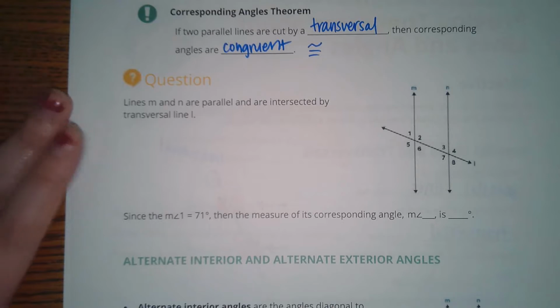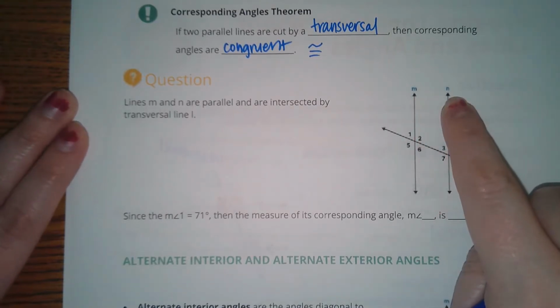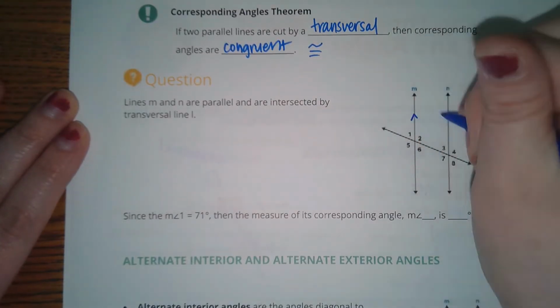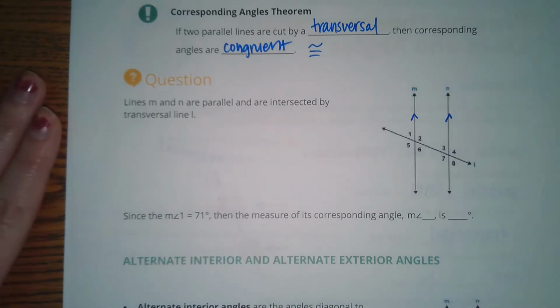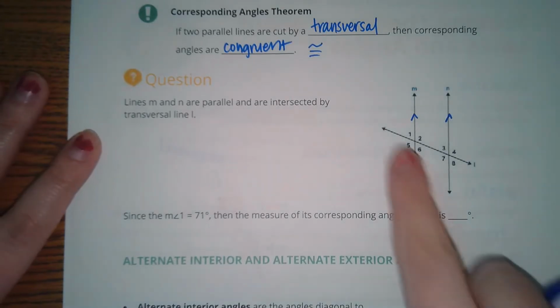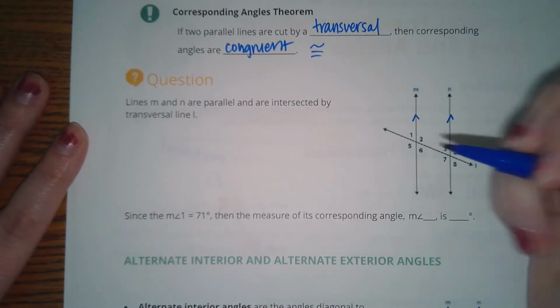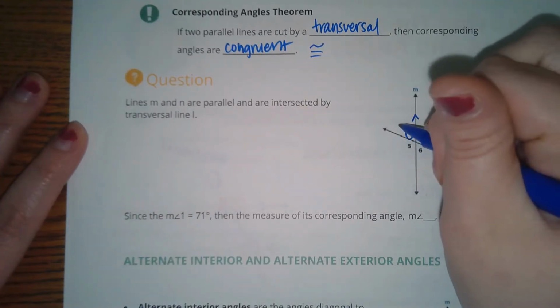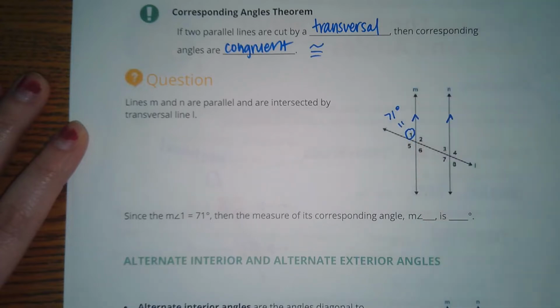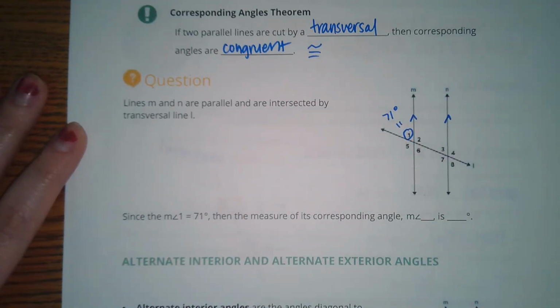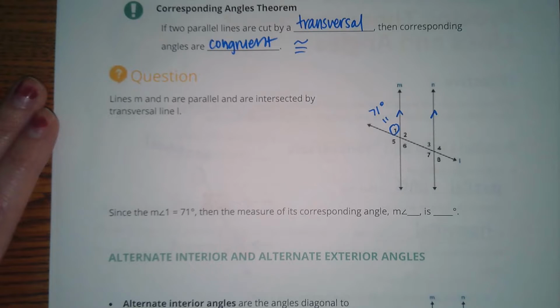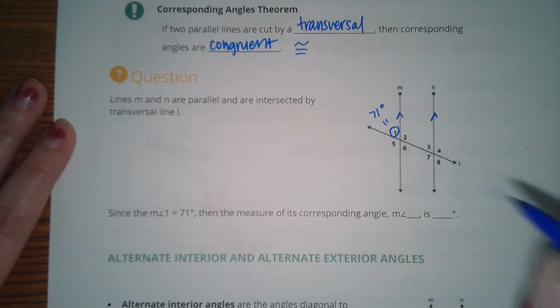Then we have this question. It says that lines M and N are parallel, so we can always mark them with those little arrows. So we know that they're parallel, and then they're intersected by this transversal line L. Now it says, since the measure of angle 1 is equal to 71 degrees, then the measure of its corresponding angle is also 71 degrees.